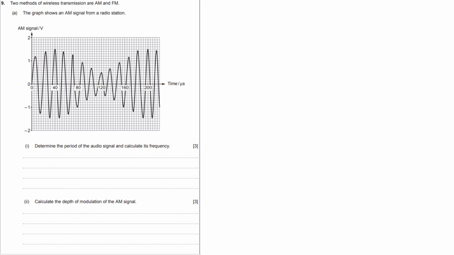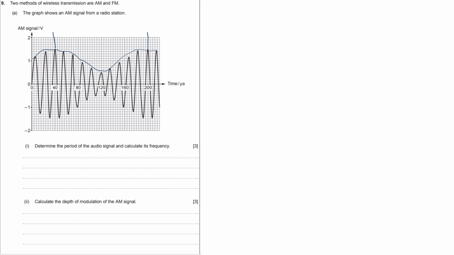So time period of the audio is the, let's get my pen. It's this bit here, this is the audio. So take one peak, let's take from there to the next peak. How long is that? Can I do that in my head? I think I can. That looks like 160.